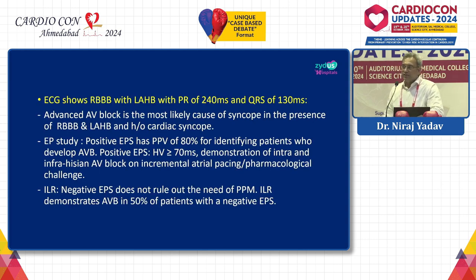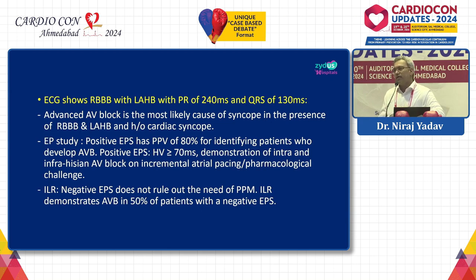Now ECG has right bundle branch block, LAHB, PR of 240 and QRS of 130. So, bifascicular block with history of cardiac syncope, the most common cause of syncope is advanced AV block in such cases. Still, because there is no documentation, it is suggested that EP study should be done in such patients.